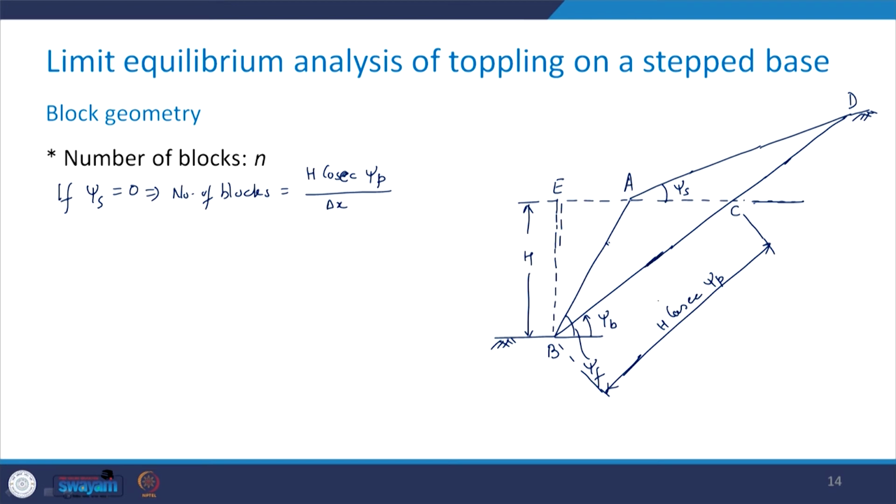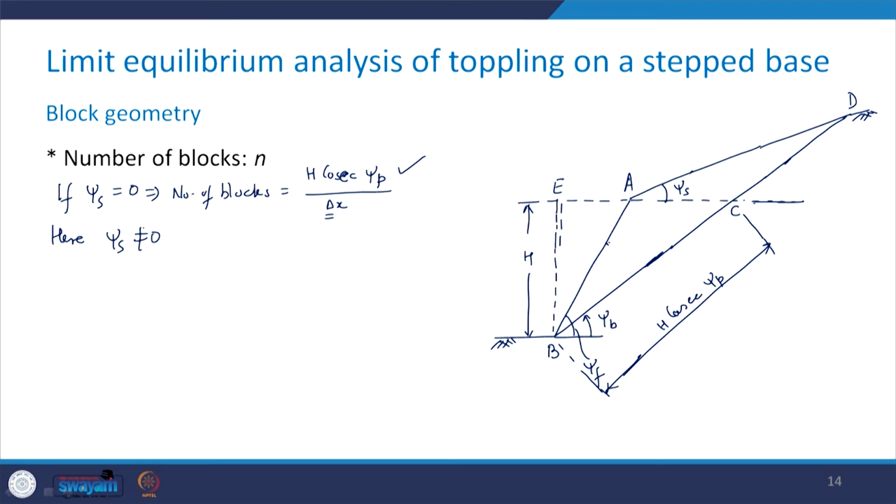So, if I divide that whole distance by delta x, I am going to get the number of blocks. But in this case here psi s is not equal to 0, it has some value.